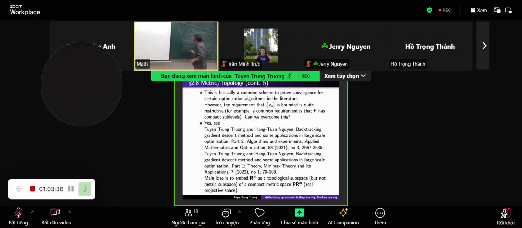Actually, R^m is not compact, but it is contained in the so-called real projective space P^m of the same dimension. It's not contained as a metric subspace, because the metric there is infinite, but this space is compact, and it's contained as a topological subspace. And for topological subspaces, convergence is the same.